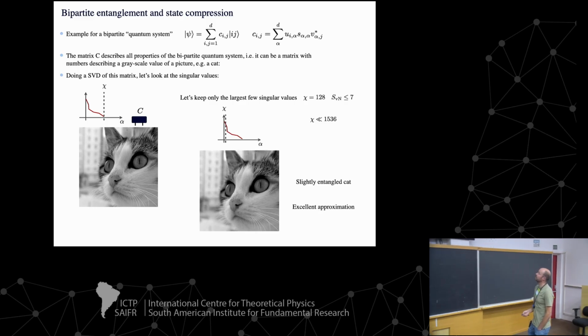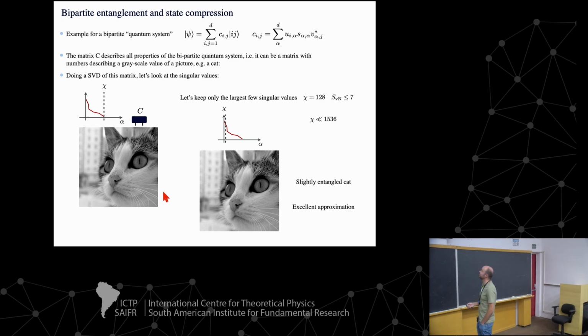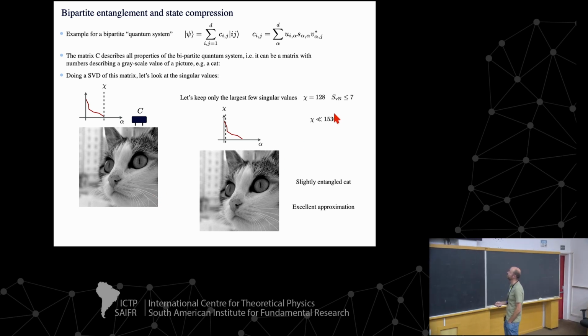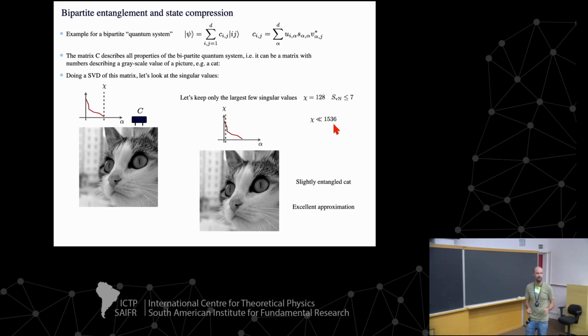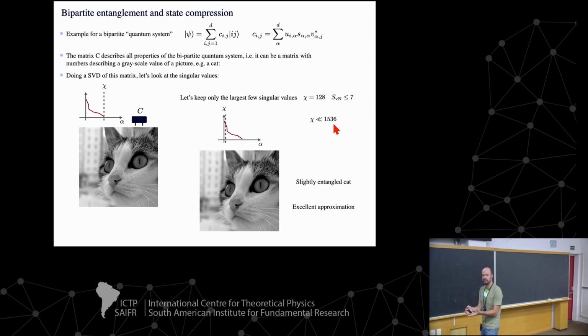And then if you use something like 128, which I chose here, it's really almost exactly the same picture, right? So here, if I take 128 of the singular values, which is a number still an order of magnitude smaller than the size of the Hilbert space, I get really all of the details, even the fine details, right? So singular value decomposition is also just an image compression technique.